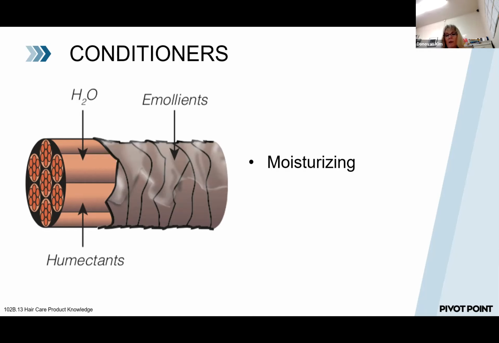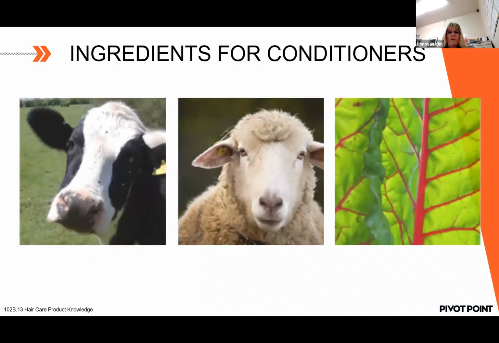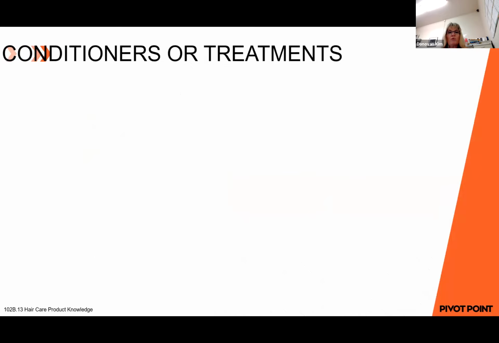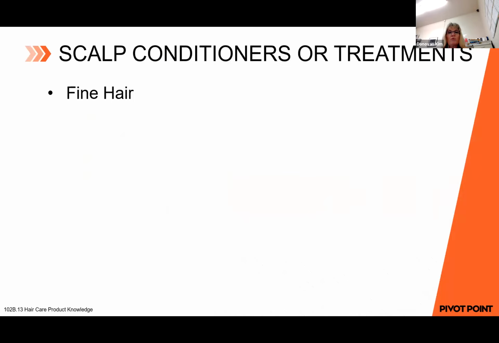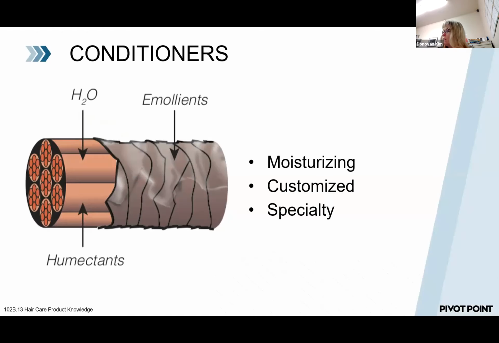So when we talk about the types of conditioners that we have, let's just go back then. We have instant conditioners. These are the ones that are going to be there for 30 seconds or less.